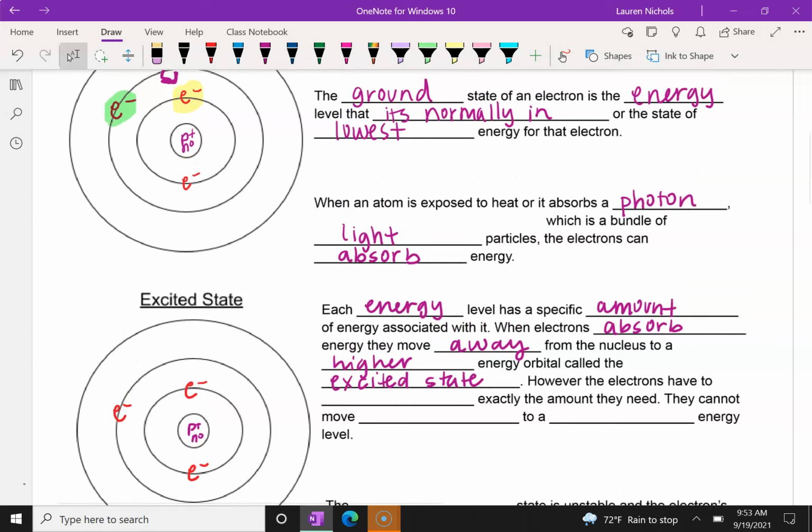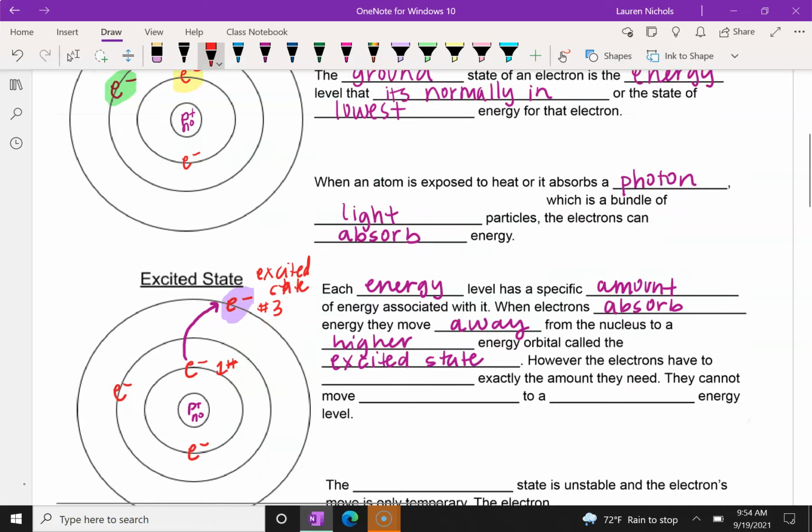Now what happens is when it absorbs energy, that electron is going to move up away to a higher energy level. So this place right here, its higher energy level, that's the excited state, okay? It's usually on energy level number 1, but now it's on energy level number 3. And so that is a much higher energy level.